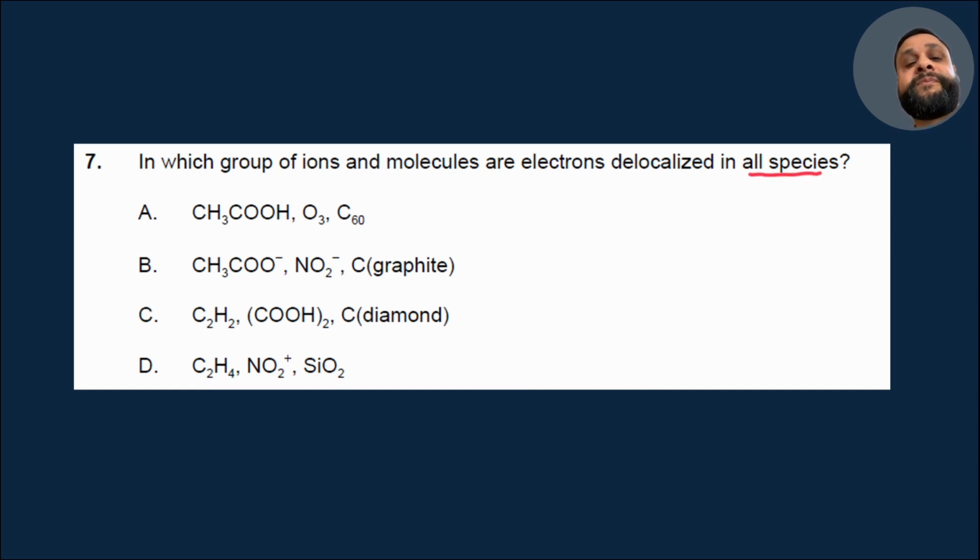In which group of ions and molecules are electrons delocalized in all species? In all species, ions and molecules, electrons are delocalized. Key things. In A, we have ethanoic acid. In ethanoic acid, they are all localized electrons. If we display the formula of ethanoic acid, you can see all these electrons are localized, hence A is not the option.